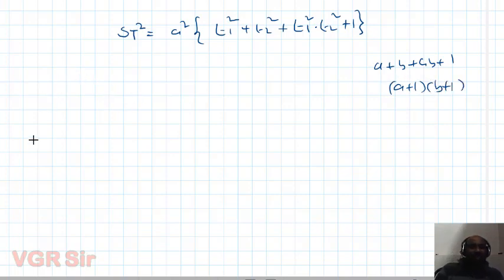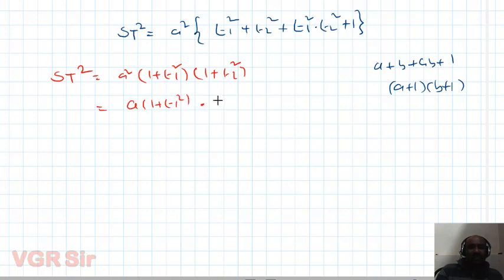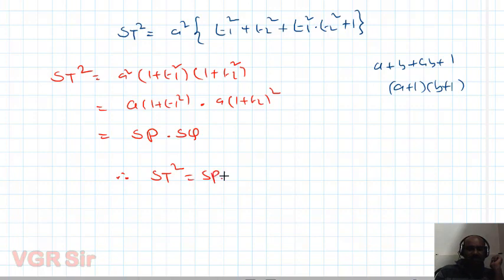That's why I can write ST square as a square times of 1 plus t1 square into 1 plus t2 square. Just distribute a here: a into 1 plus t1 square into a into 1 plus t2 square. I explained that a times of 1 plus t1 square is the focal distance from the focus to the point t1. I can say SP, this is SQ. Therefore ST square is equal to SP into SQ.